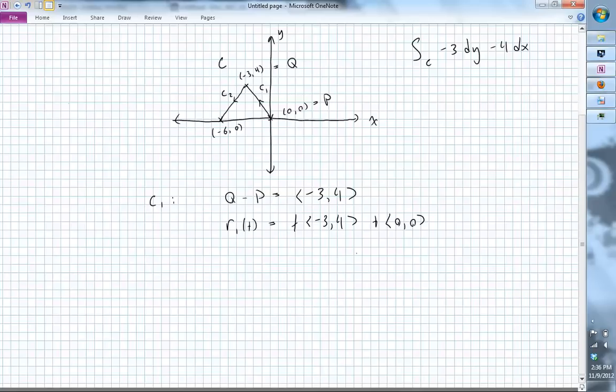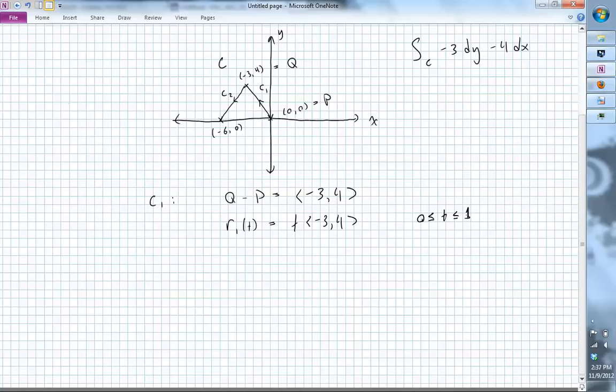In this case, for what t value am I at the beginning of C1? 0, exactly right. And then what t value gets me to the end? 1. But you do have to pay attention to that, because sometimes, for example, if you happen to do P minus Q, then your parameterization values would be different.